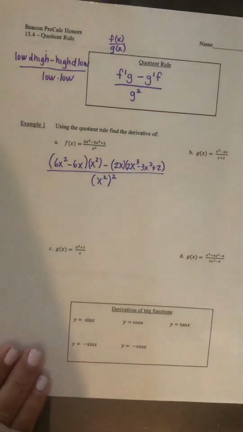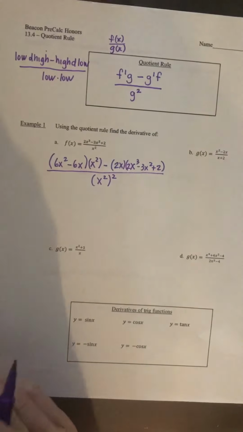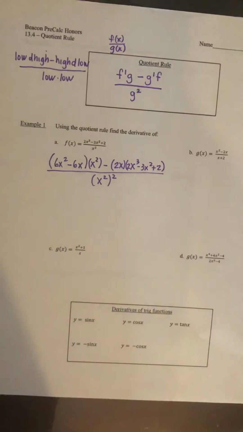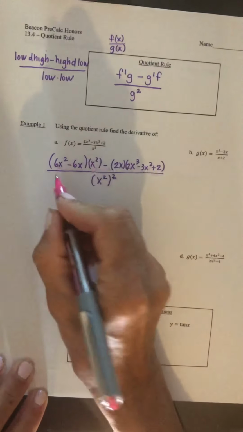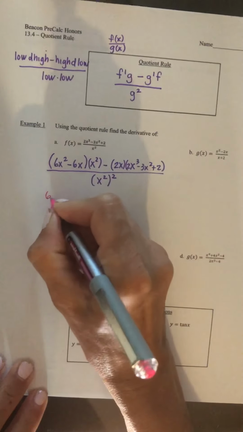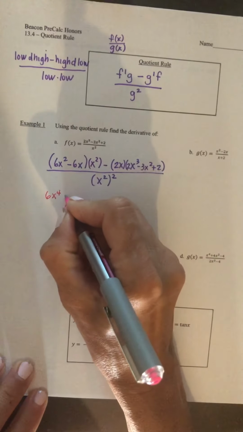All right, so you've used the quotient rule. Now this is where it gets good. This is where you have to start simplifying. So back to old school algebra. When I simplify this, I'm going to get 6x to the 4th, and then minus 6x cubed.